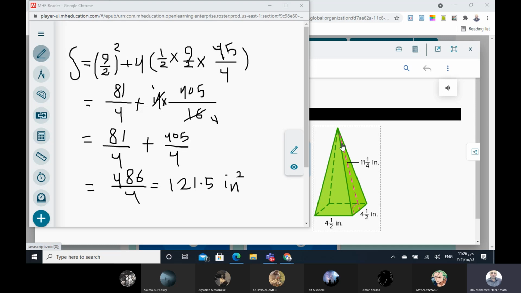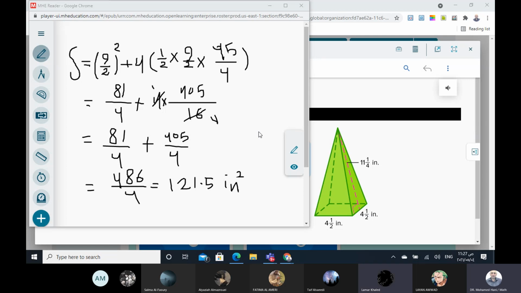How many triangles do you have? This is the first one here, and then here we have the second one. Then here we have the third one, and here in the front we have the fourth one. So we have 4 congruent triangles, meaning 4 congruent areas. So I put 4 here because we have 4 triangles times the area of one of these triangles. Okay?